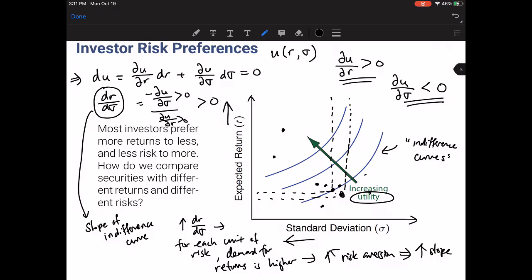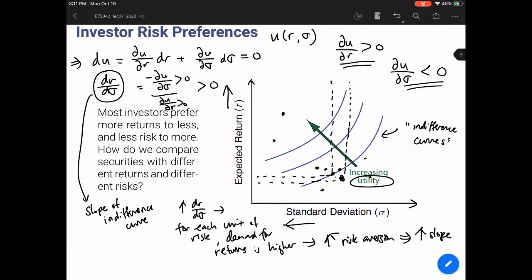So a person who is almost risk neutral is going to have a very flat indifference curve. And we'll see that through some examples in just a bit.